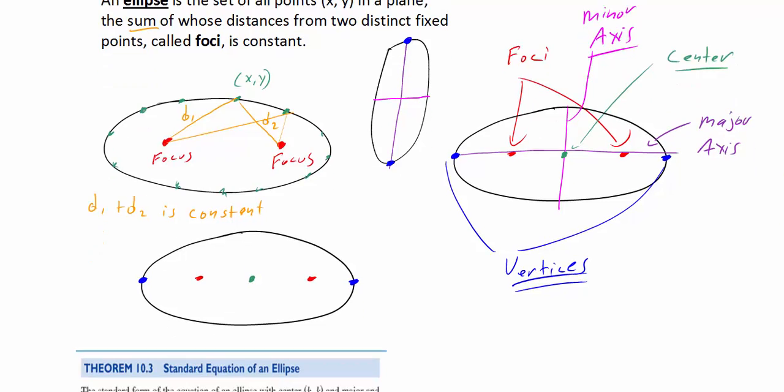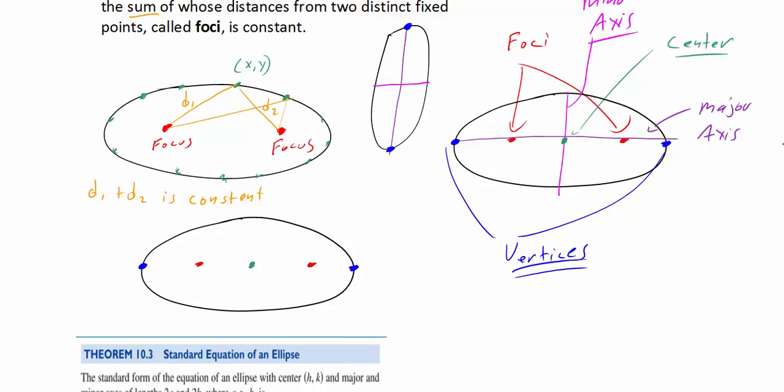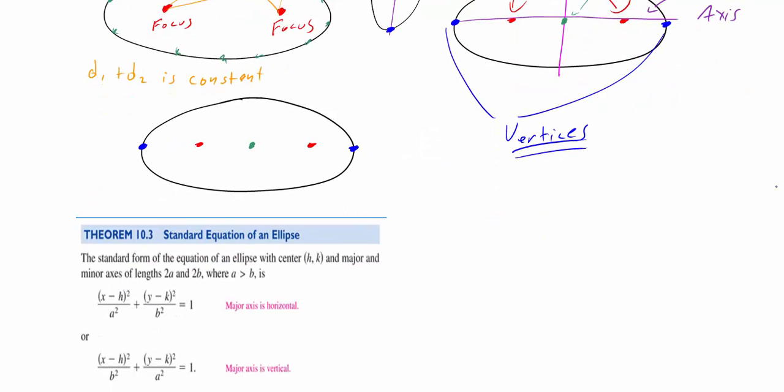Now, just like we defined some of the points with our parabola, there we were using h and k for the vertex, and we looked at using the p-value. Here, we're going to look at the center. The center here is again going to be h and k, but now at the end we have our vertices.